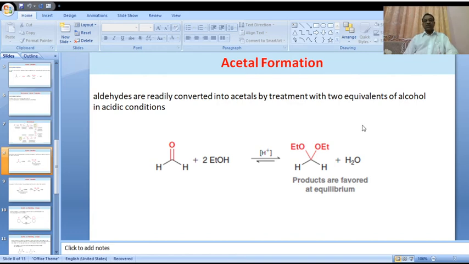Because it undergoes reactions very fast, the equilibrium favors products. Okay, this is the product formation. Clear?